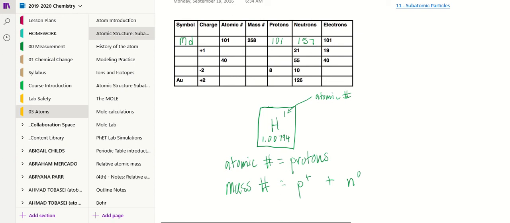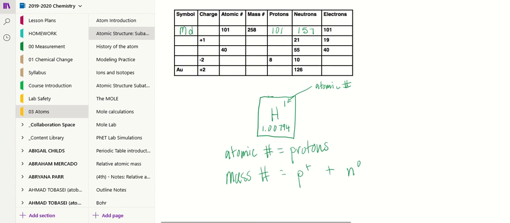charge. What two subatomic particles have charge? Protons and electrons. So, if I have more protons than I do electrons, my overall charge will be what? Positive. If I have more electrons than protons, my overall charge will be negative.